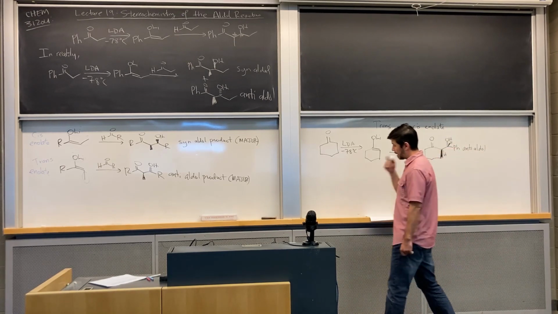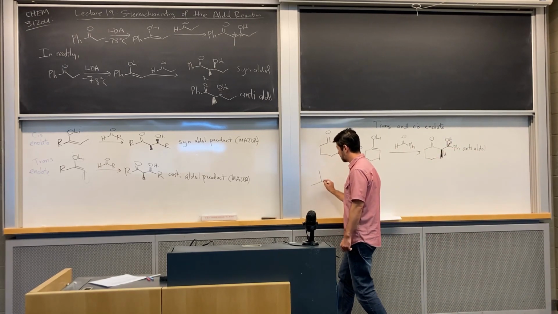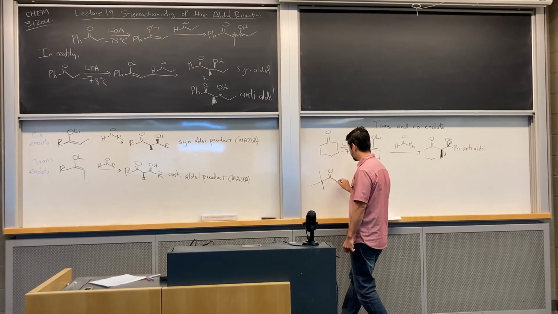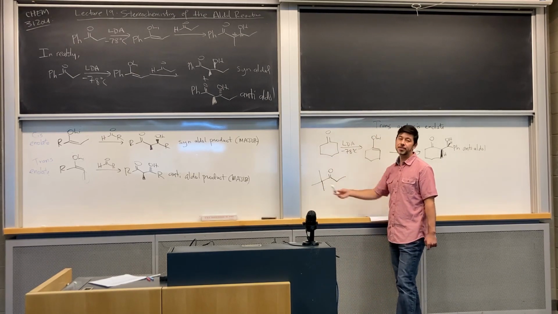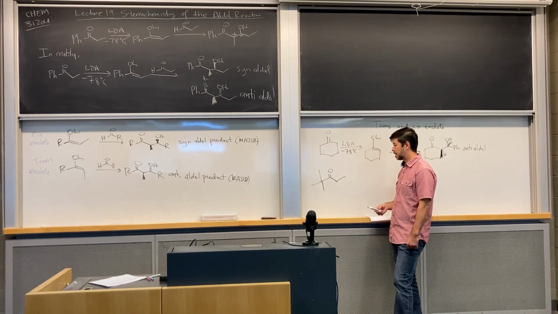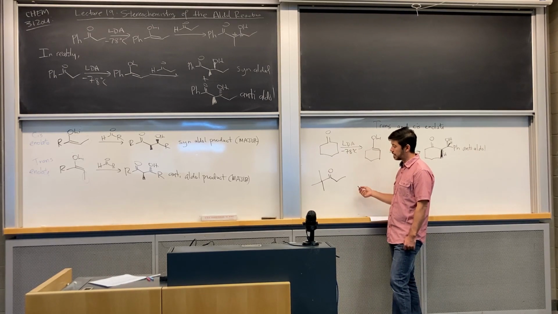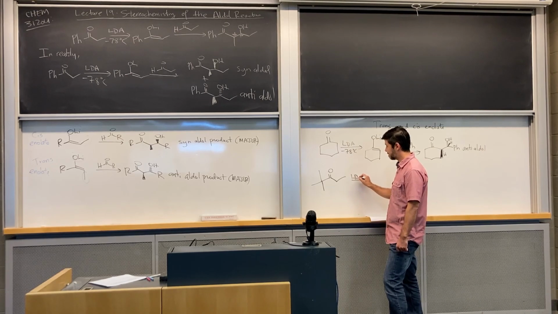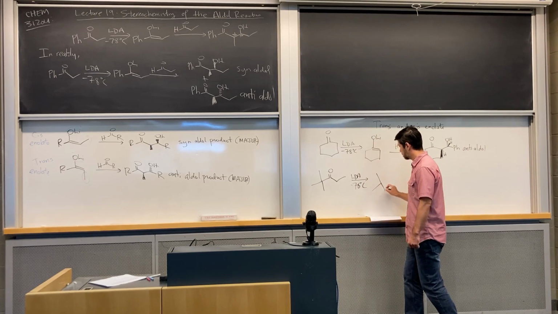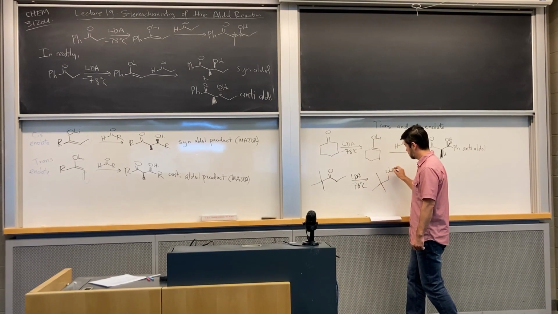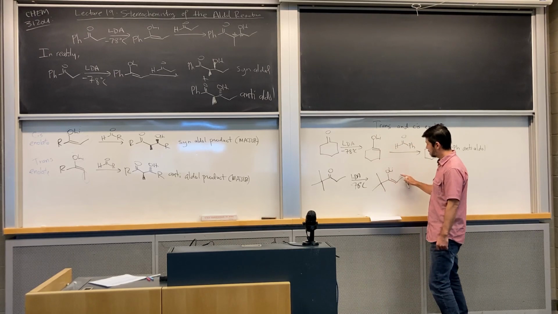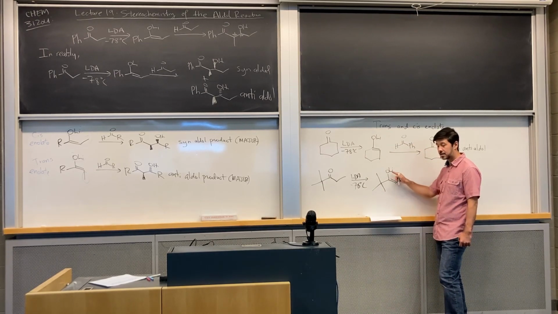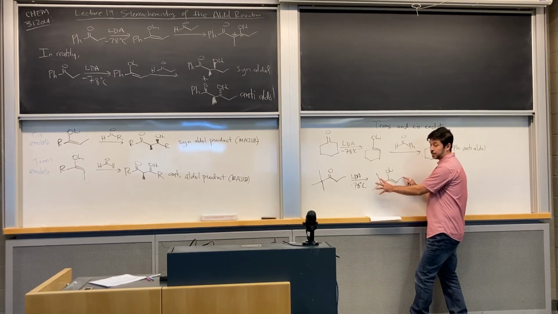And the best example I can give you is if we have a bulky group on the R side of a ketone, and if you think of two different enolates, it would be better to form the cis enolate from this ketone, because this group here is now cis, and there's no steric clash with this t-butyl group.